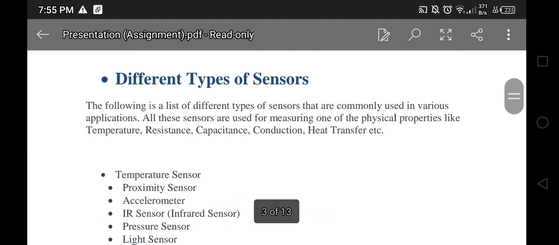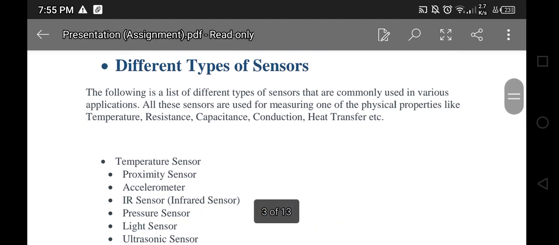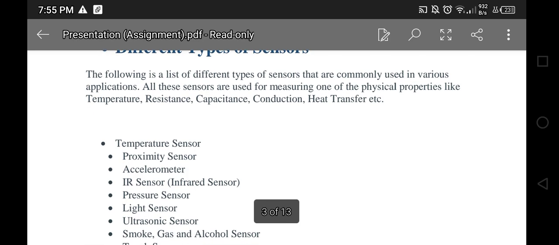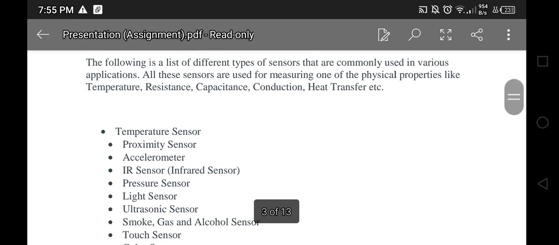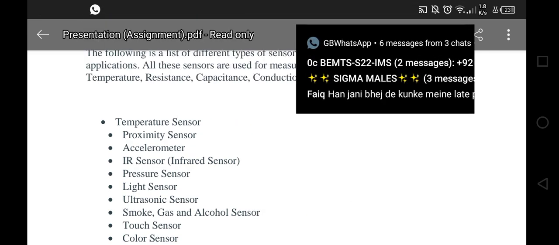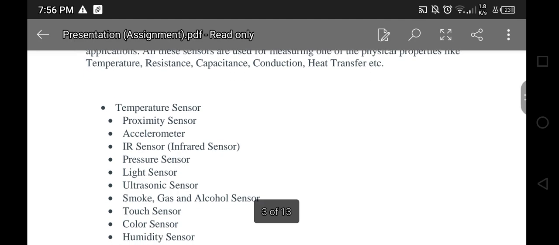Now moving on to the different types of sensors. There is a list below of different types of sensors that are commonly used in various applications. All these sensors would be used for measuring one of the physical properties like temperature, resistance, capacitance, conduction, and heat transfer.